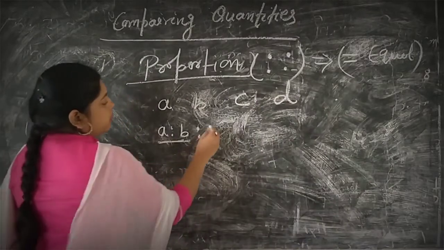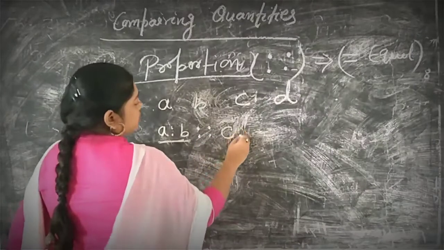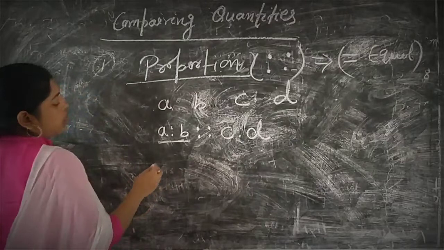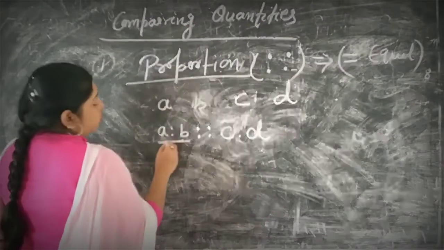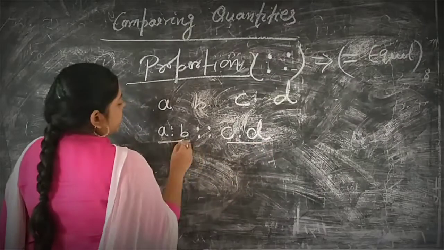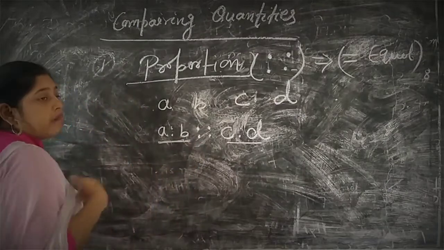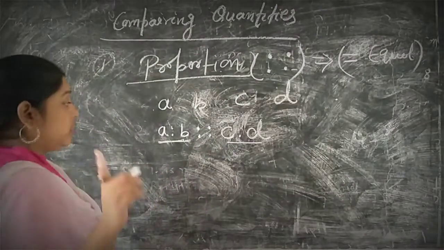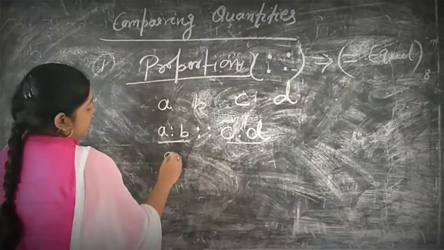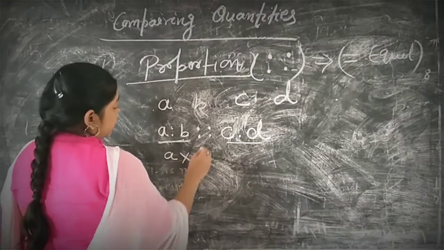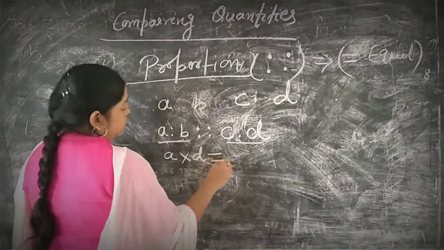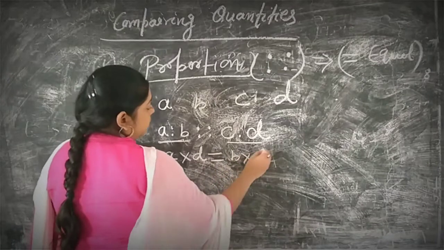A:B proportion C:D. By the form of proportion, the rule is A into D is equal to B into C.